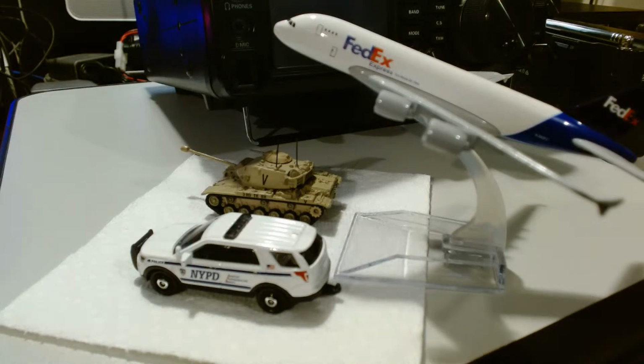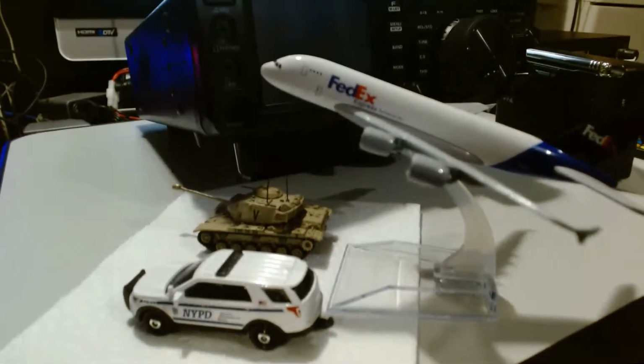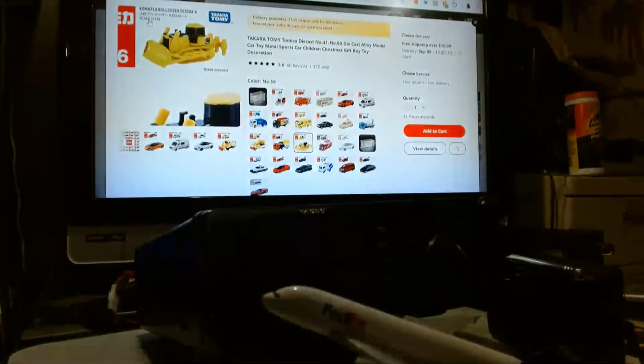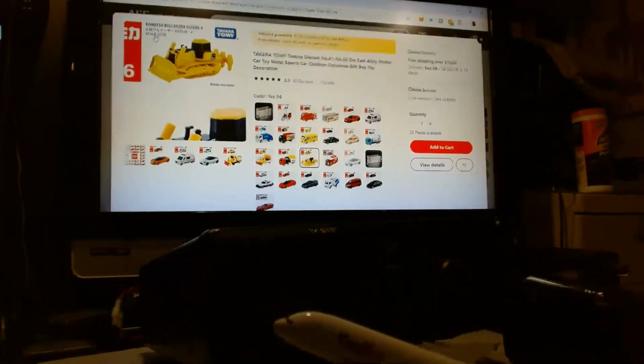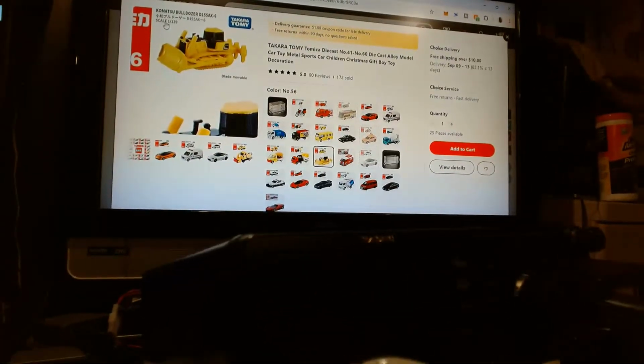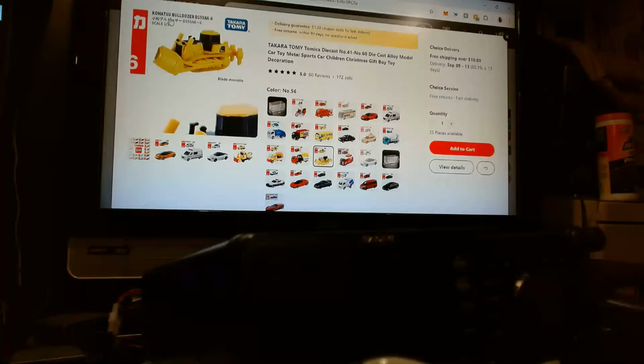All right, so let's go back to the European. So this particular dozer is 1/139 scale.